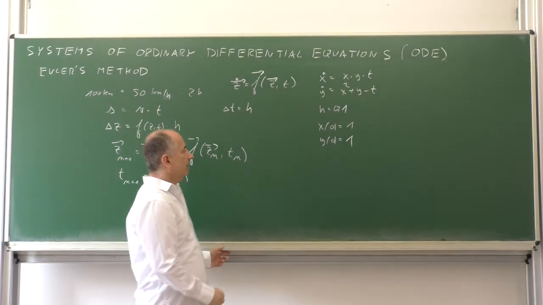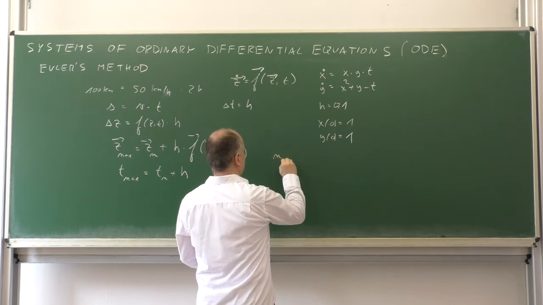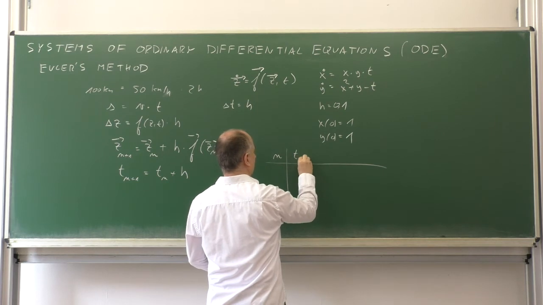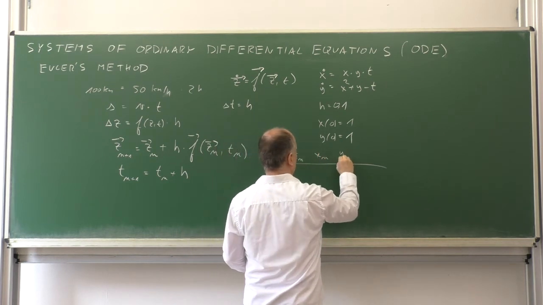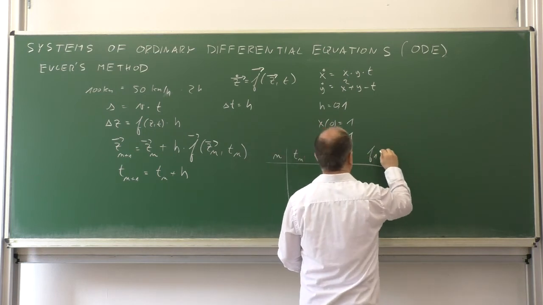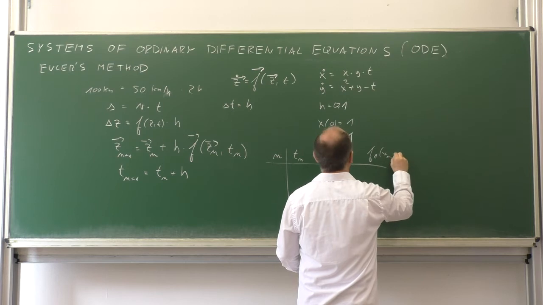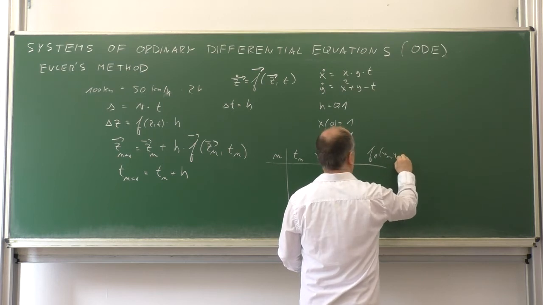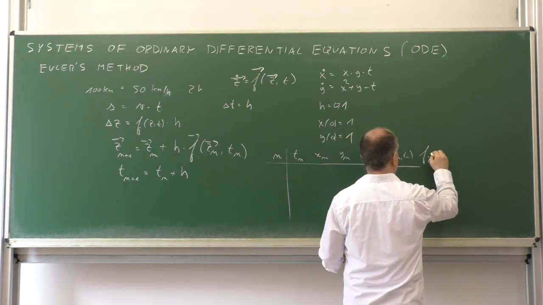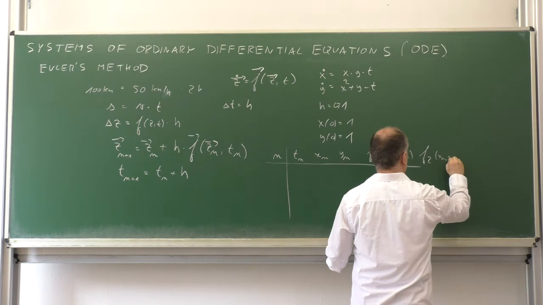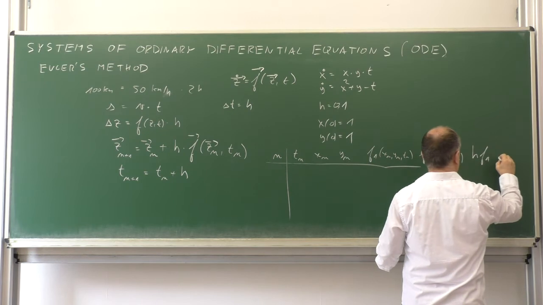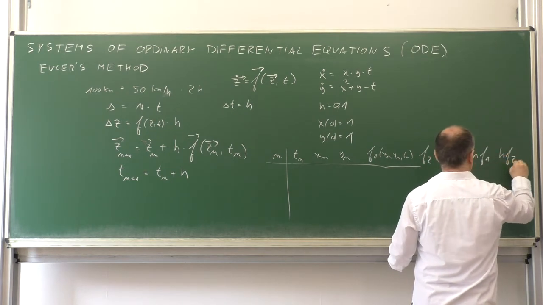And then we can prepare a table where for each index n, we will write the value of time, the value of x, the value of y, and then the right-hand side f1, evaluated at x_n, y_n, t_n, the value of the second right-hand side f2, evaluated again at x_n, y_n, t_n, and then we will multiply f1 with h and f2 with h.